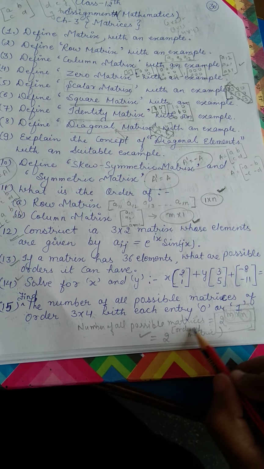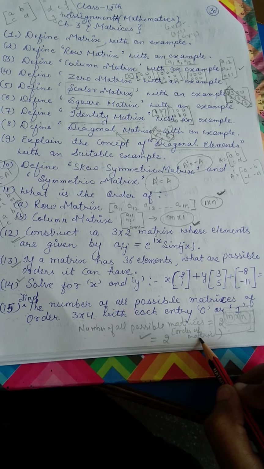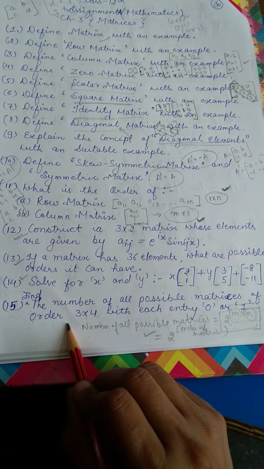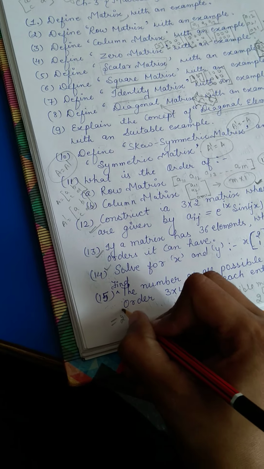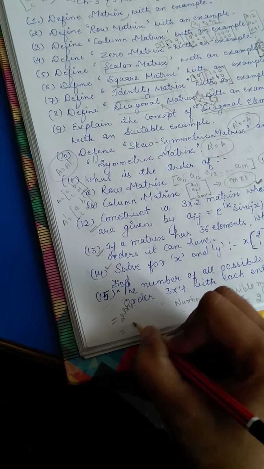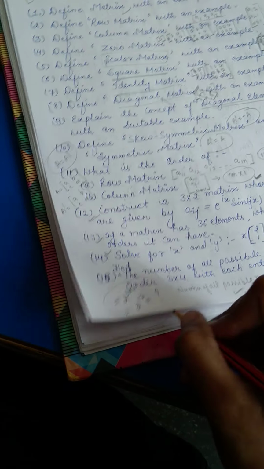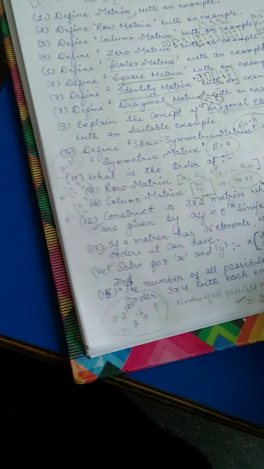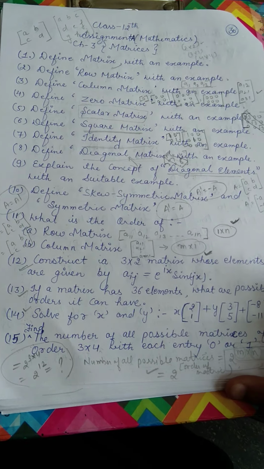This is the order of the matrix. Suppose now in this question you have to find out, you will use 2 to the power 3 into 4, that is 2 to the power 12, and this will be the exact answer of this question number 15.